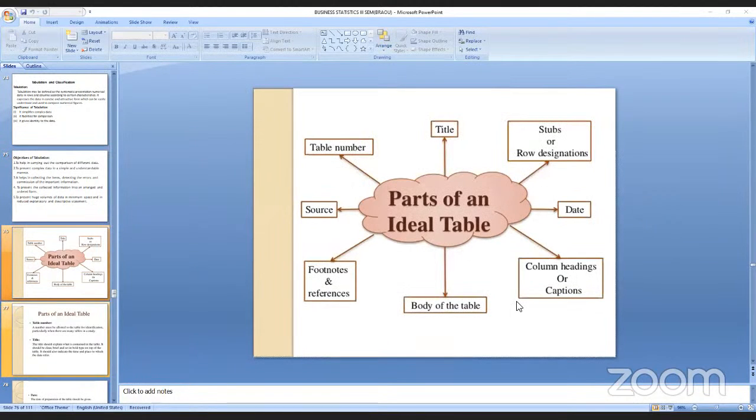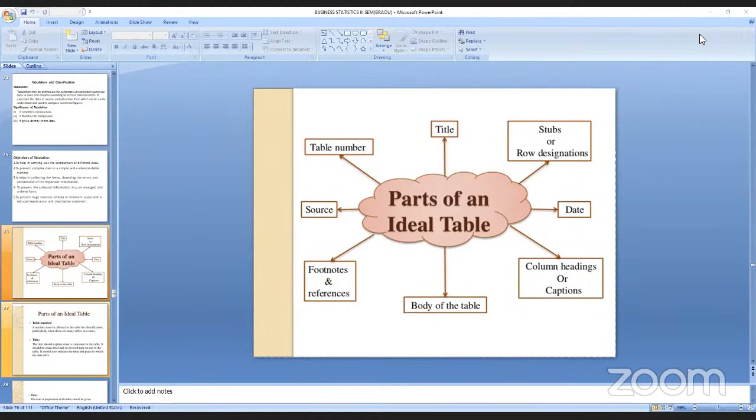Now, this is a very, very important question. Parts of a table. Table here does not mean a table and chair. Table means where you are making a tabulation form to do the problems. What are the important parts? First it is a title. Okay.